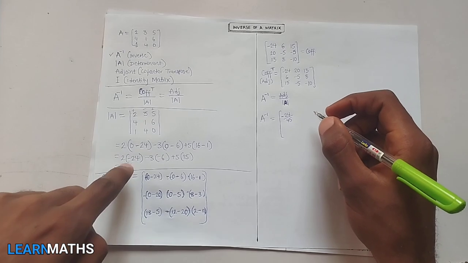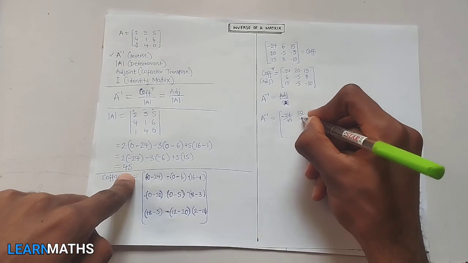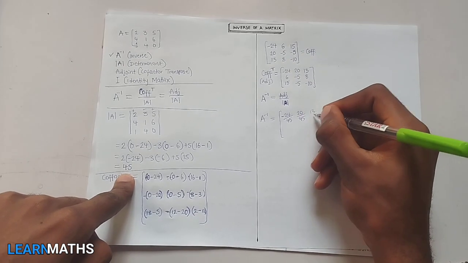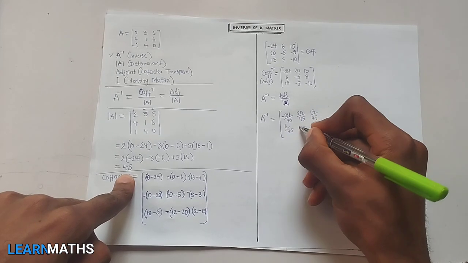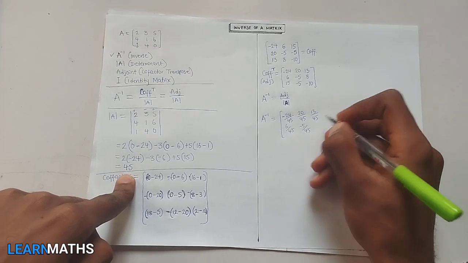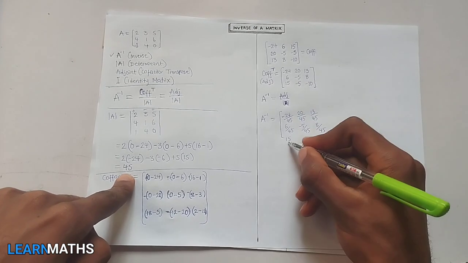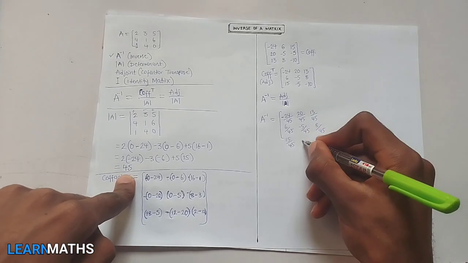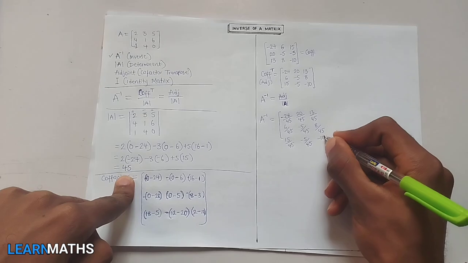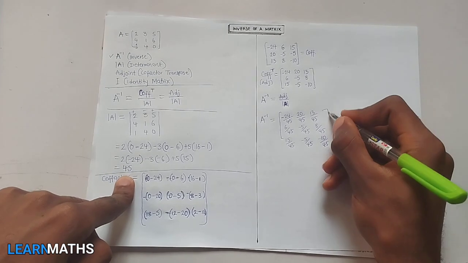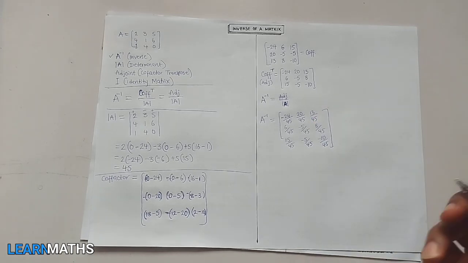So this is 20 divided by 45, this is 13 divided by 45, this is 6 divided by 45, negative 5 divided by 45, 8 divided by 45, 15 divided by 45, negative 5 divided by 45, negative 10 divided by 45. It's a bit disorganized, but you get the point, right? Now this is the inverse of the matrix.